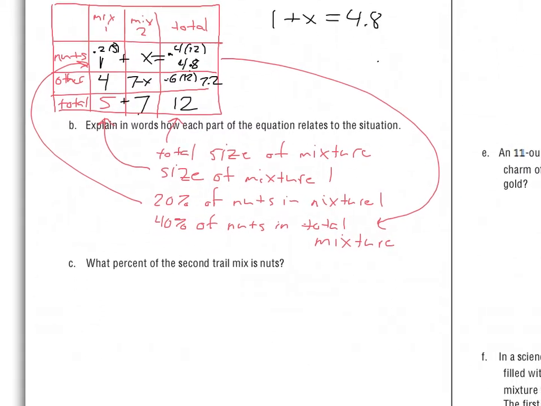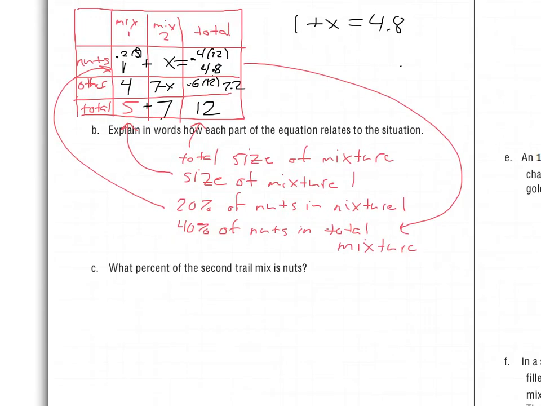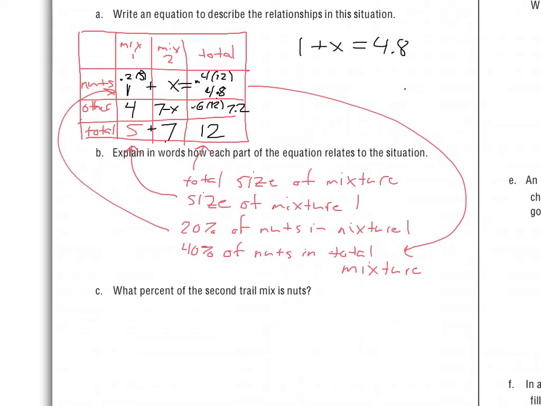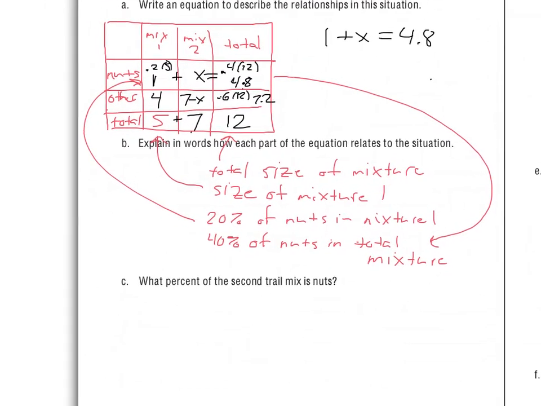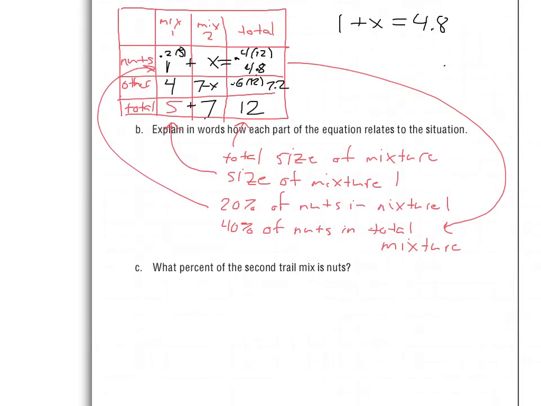What percent of the second trail mix is nuts? So a couple different ways. Again, if we're looking for this, we're looking at this column here for our second mixture, and we're looking for percent of Q is equal to percent times whole, where our whole is 7 gallons and x is our quantity, and we're trying to find the percent.